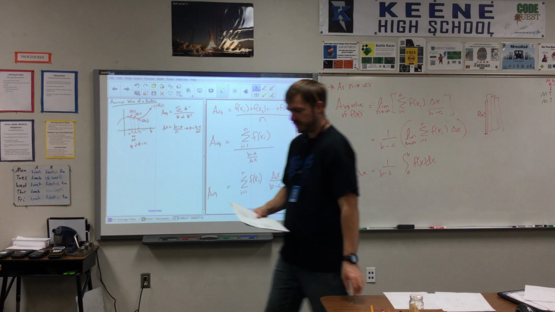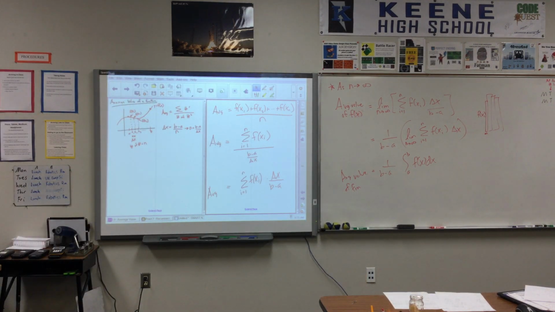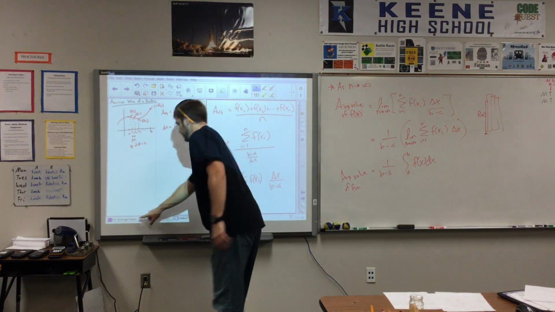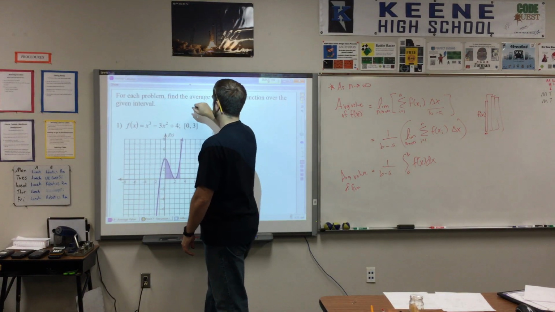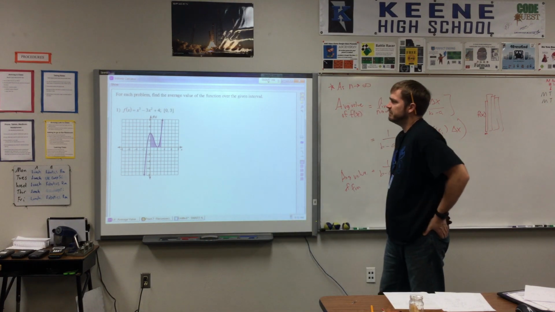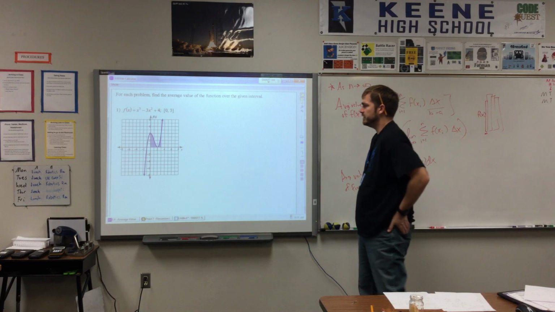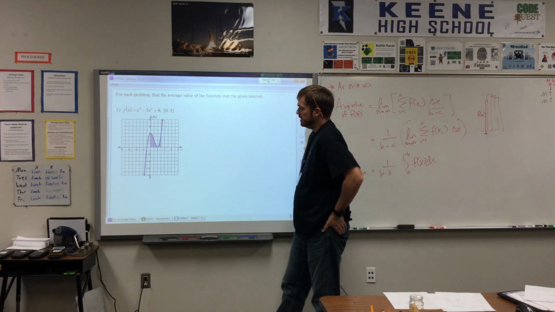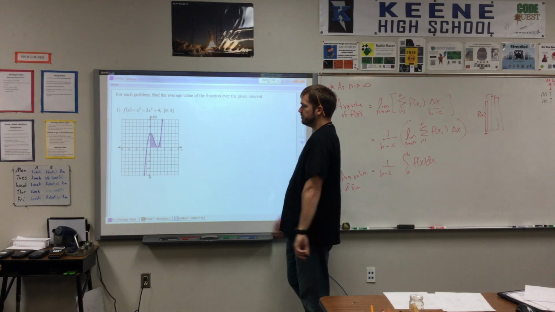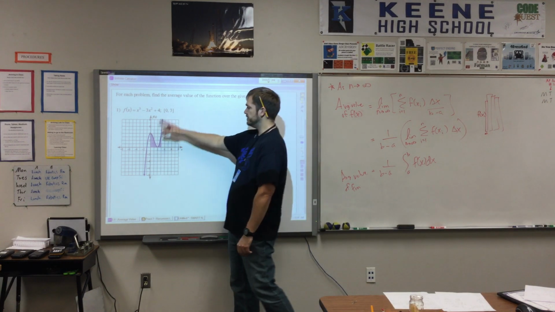Let's look at one problem very quickly. This says, for each problem, find the average value of the function over the given interval. I'm looking at this function, x cubed minus 3x squared plus 4, on the region from 0 to 3.